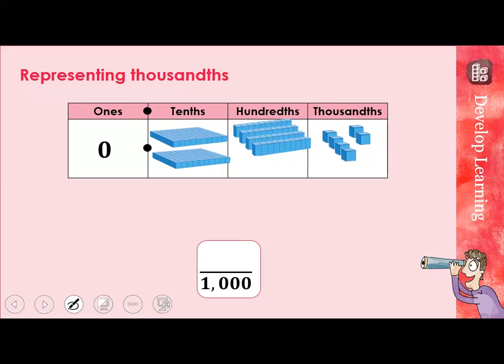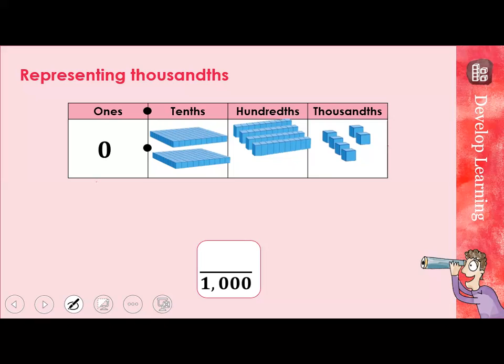Okay, what I would like you to do now is pause here and see if you can work out what this representation in Deans is as a number of thousandths. Okay, so we need to work out how many of each thing we have in each column. We've got no wholes, so we know our fraction is going to be less than 1.